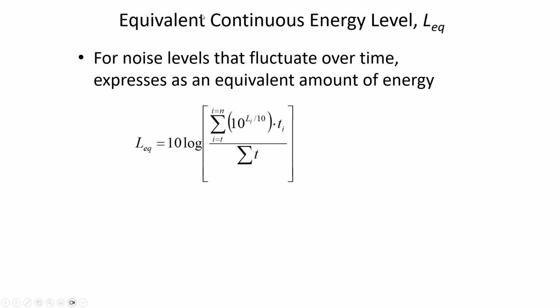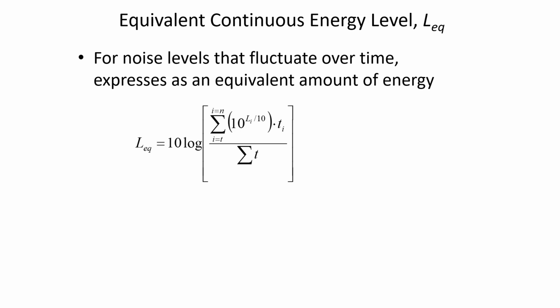So one of the homework assignment problems asks you to calculate the equivalent continuous energy level, LEQ. This calculation is a way to average over a time period when the noise levels are changing and express it as an equivalent amount of energy over the duration.